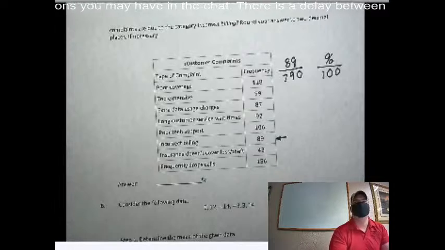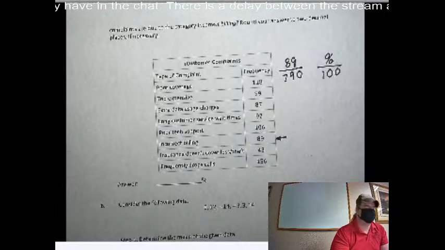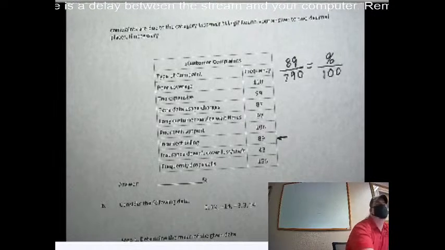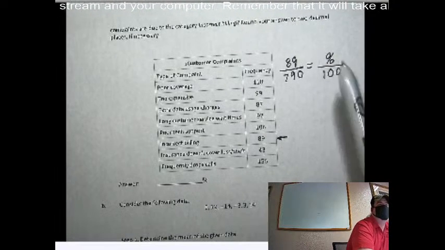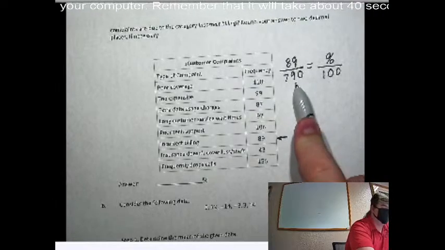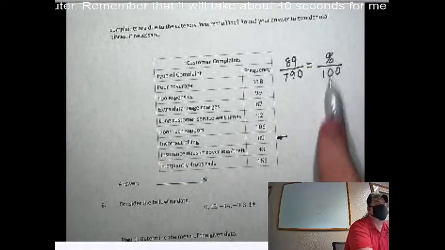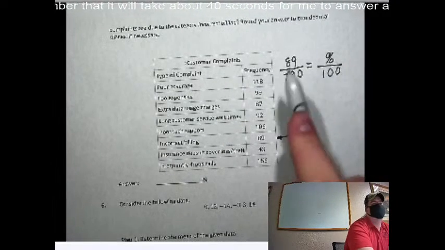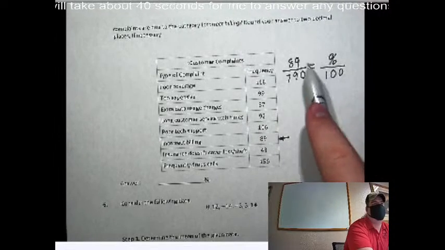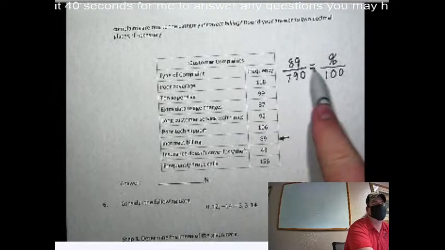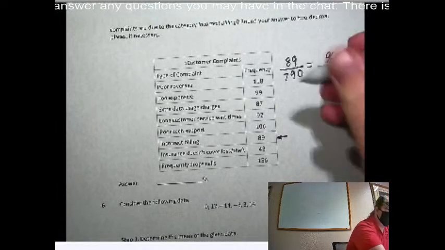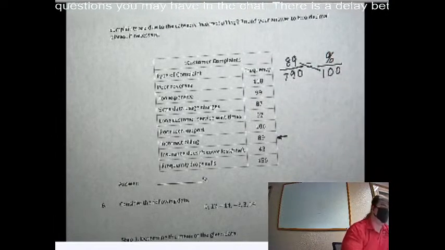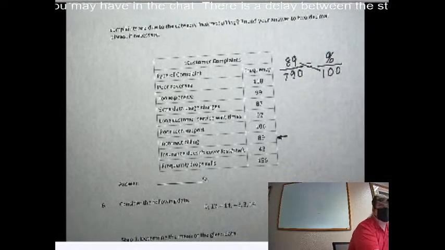That was fast. Okay. So let's see if it is. So if we want to find the percent, we need to equate this part out of the total to a percent over 100. Now that we have it equated, what we can do is multiply the numbers that are across from each other, so 89 times 100, and that'll give us 8,900.